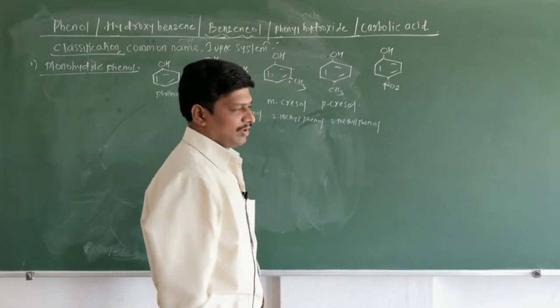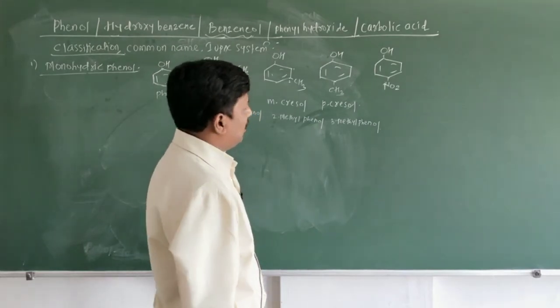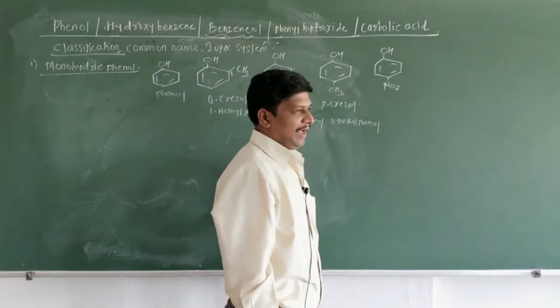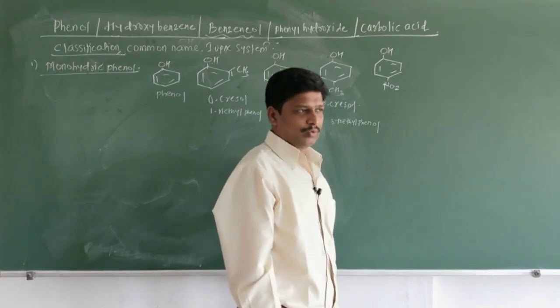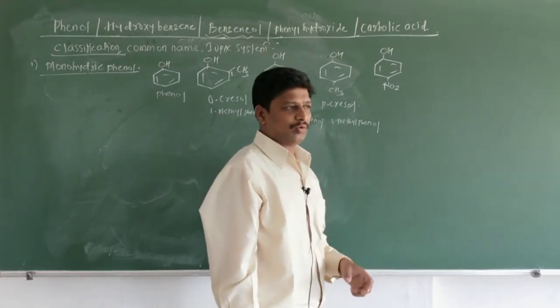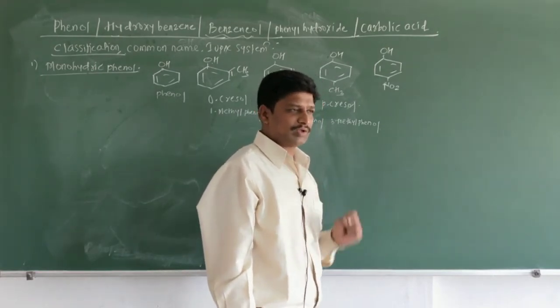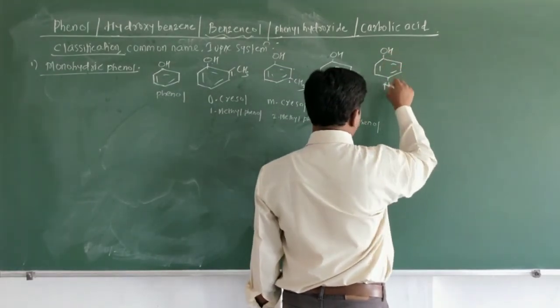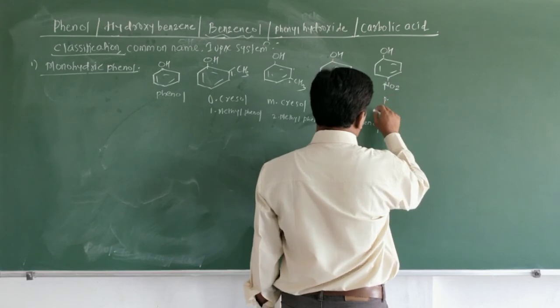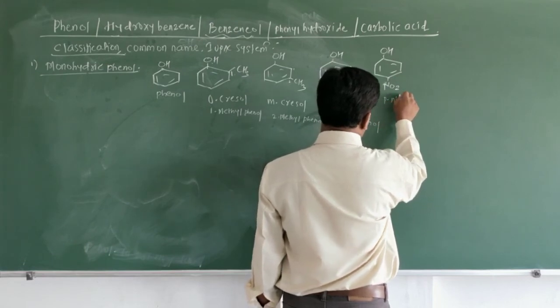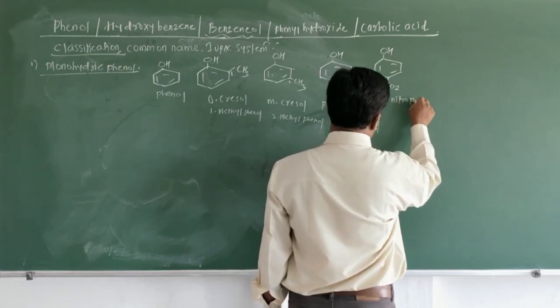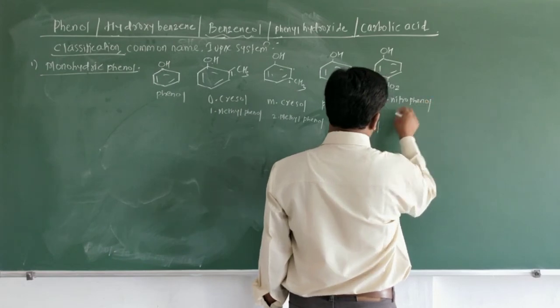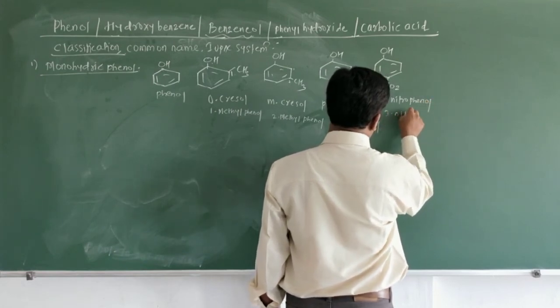Whereas the last structure contains NO2 as a substituent, and this NO2 is not an alkyl group. Actually it is also a functional group, and with respect to the OH it is present at the para position. Therefore it is known as para-nitrophenol, or it is 3-nitrophenol here.